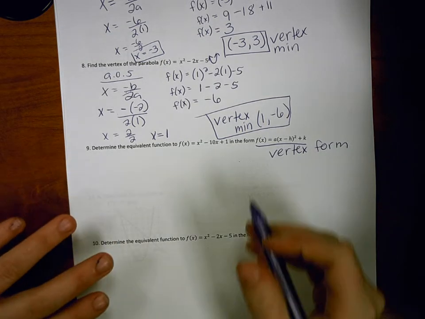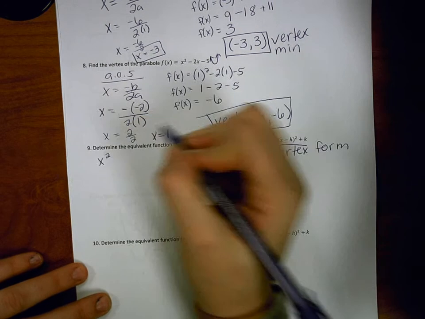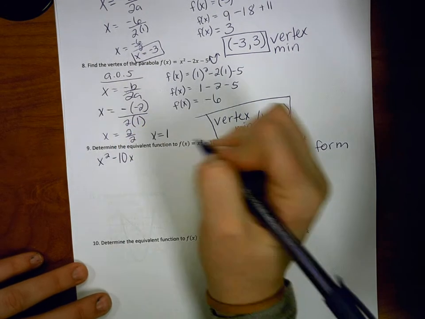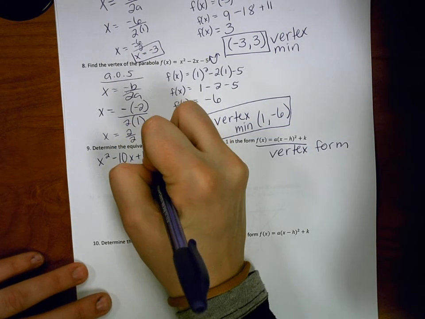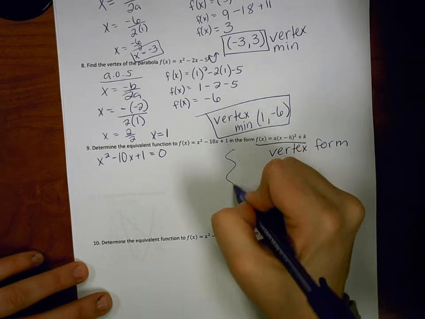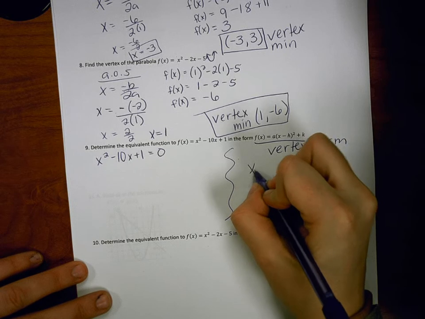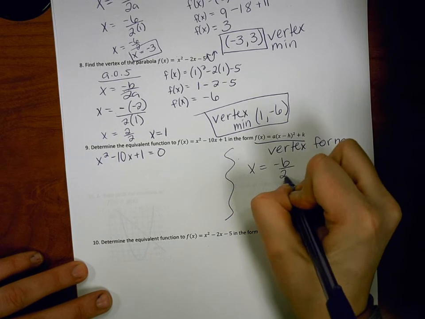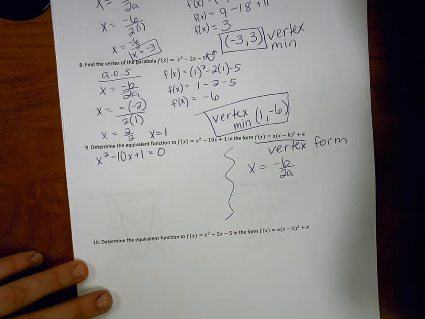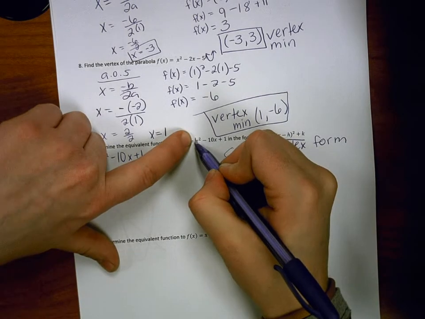I could use completing the square. Or I could find my vertex and plug it back into my equation, but I would have to know my a value. My a value is 1 because that's in front of x squared.